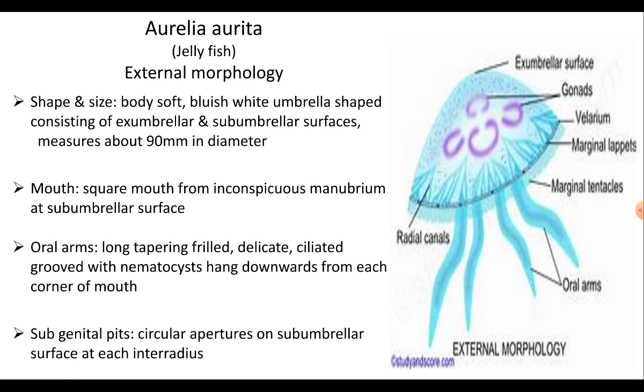Coming to the external morphological features of Aurelia aurita, the shape and size. It is easily recognized by its soft bell or umbrella shaped body with 4 red or purple horseshoe shaped gonads on its upper surface and 4 long, frilled and narrow oral lobes hanging downwards from its lower surface.